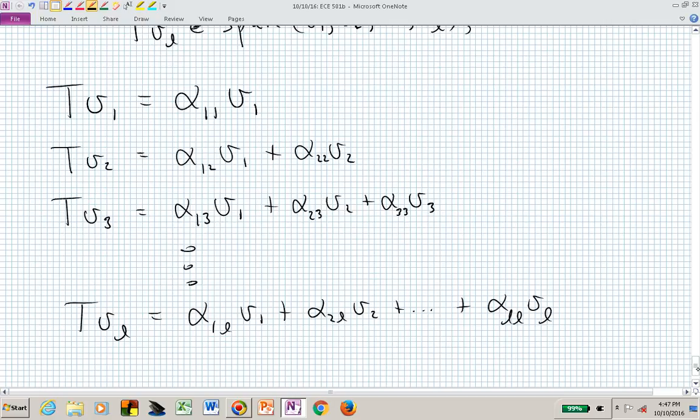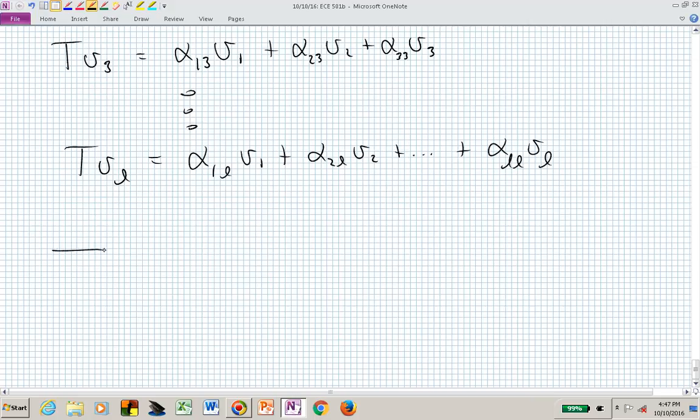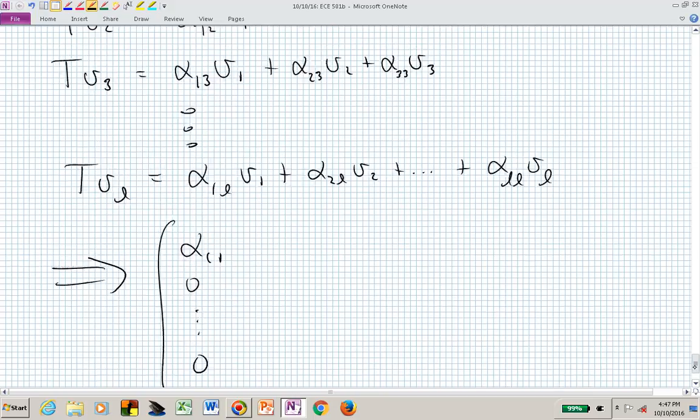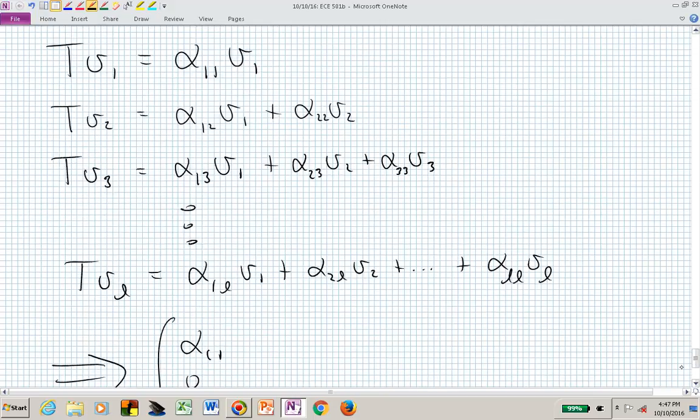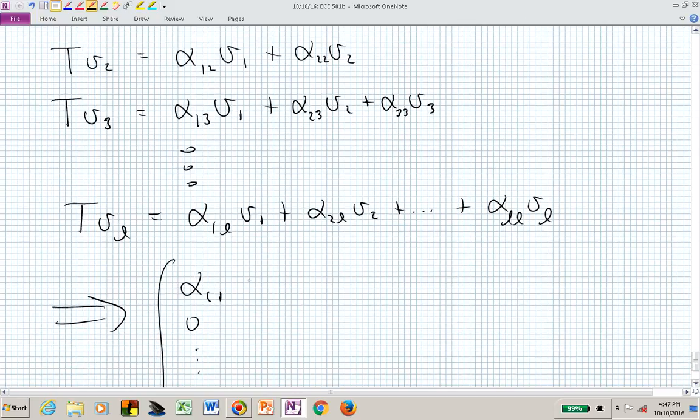And what do those alphas do if I put them into a matrix? I had alpha 1,1, and I didn't have anything else with a 1 in the second entry, subscript-wise. What about the second column? That's made up of alpha 1,2 and alpha 2,2, and nothing else.